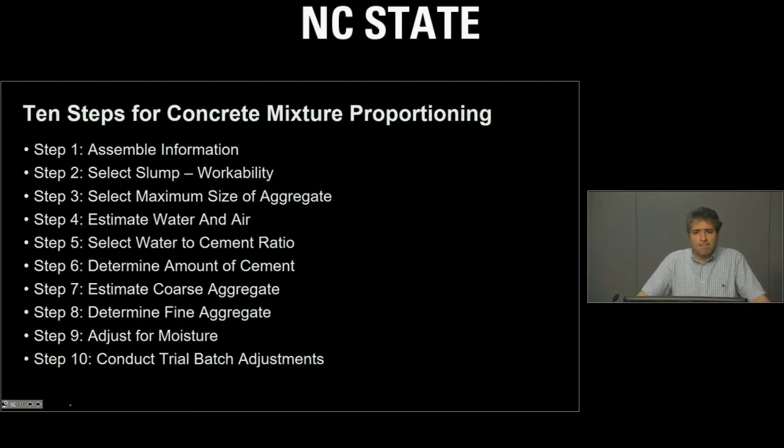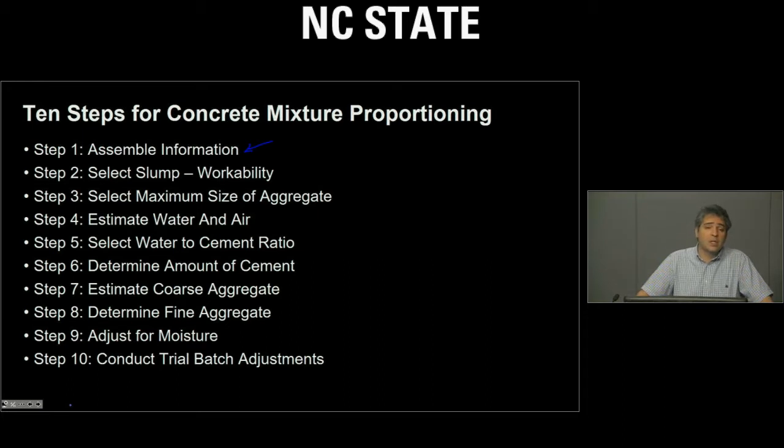So these straightforward steps are summarized here as 10 steps that we will follow. These are the 10 steps for concrete mixture proportioning. The step number 1 is assembling the information. We want to make sure that we have the information about the local material that needs to go inside the concrete. We also want to make sure that we know the specification.